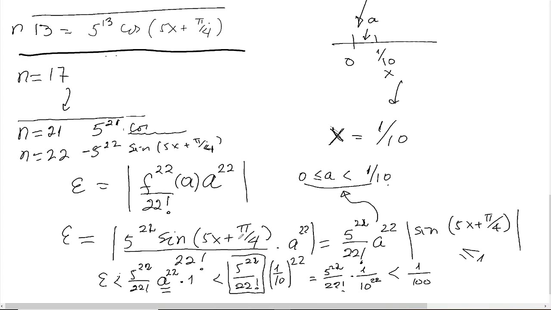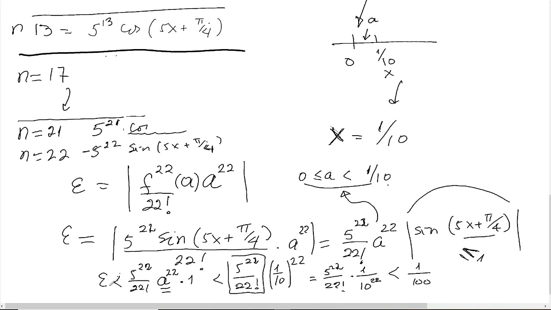Here is the formula, and then you get that it equals, this is positive, it can go out of the absolute value, pi is positive, 22 factorial is positive, and you get here the absolute value of this sine. The sine of an angle is always less than or equal to 1.